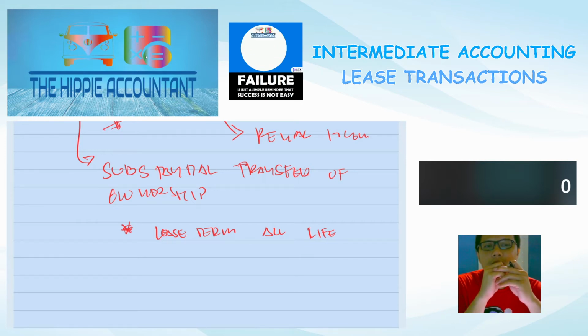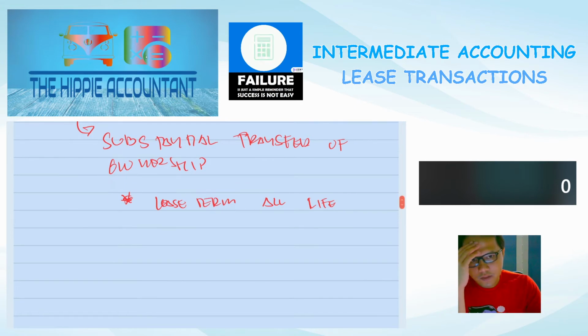Okay? Now, the gauge for this transaction, although pag sinabi natin yung lease term substantially covers the life of the asset, the standard, sadly, does not tell us kung ano ba yung tinatawag natin na substantial. Di ba?